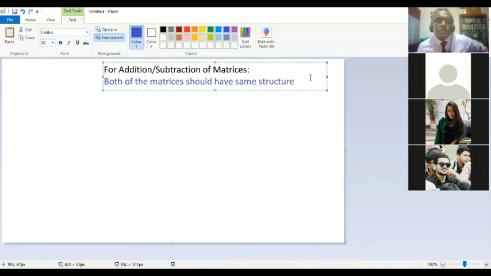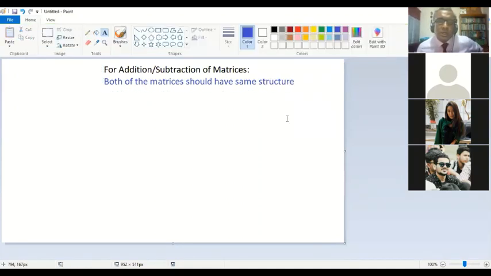Structure actually means the number of rows and number of columns. So if you see the same number of rows in both of the matrices, and the same number of columns in both of the matrices, only in that case addition and subtraction are possible.